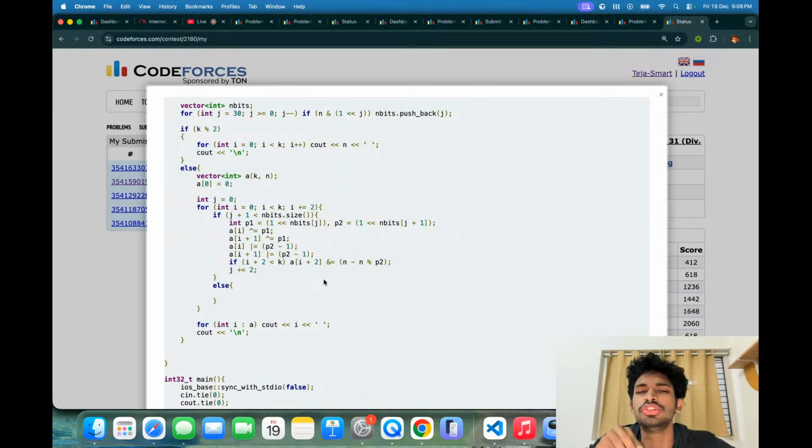I can see an issue here. The pattern is correct, but let's say we have only two things. We have more bits. I think these two should be inside.